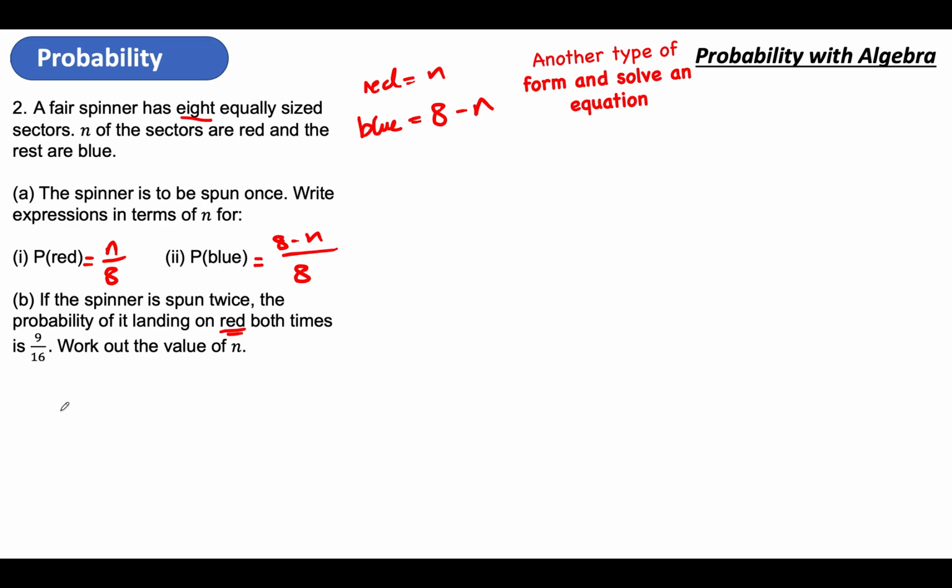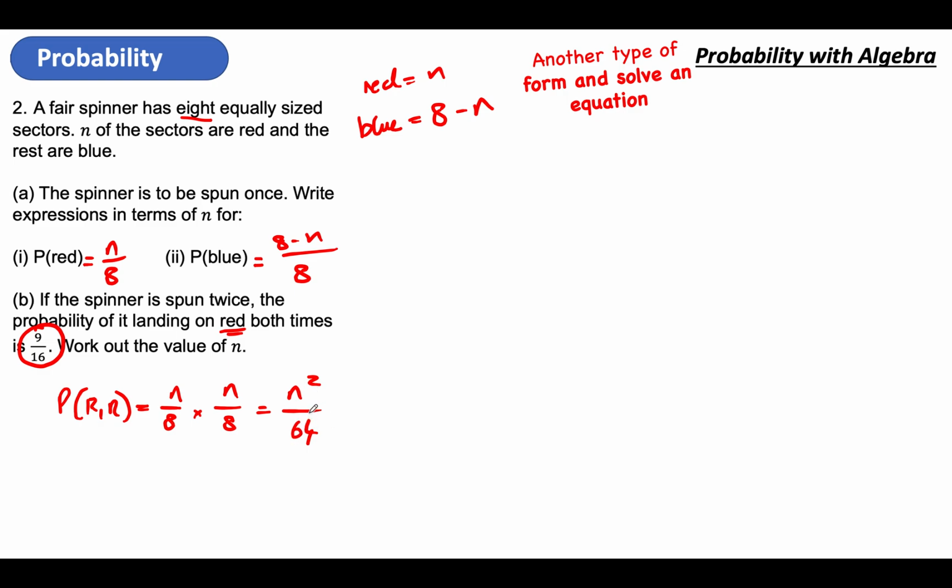So first of all, let's do the probability of red and then red. Well, that would be n over 8 times n over 8, which is n squared over 64. Okay, then let's use this little bit of information here. When we spin it, the value of that is 9/16.